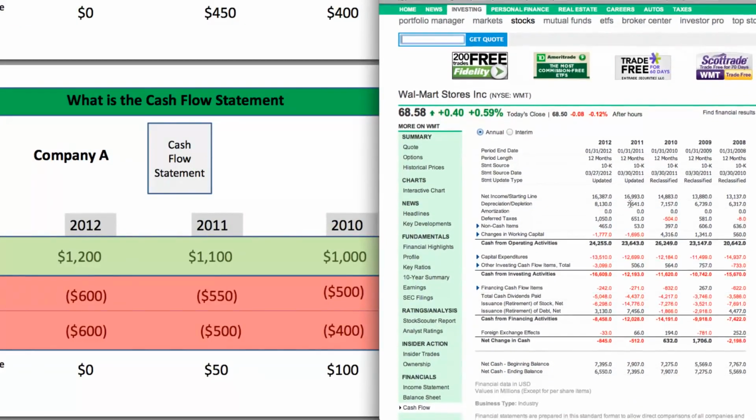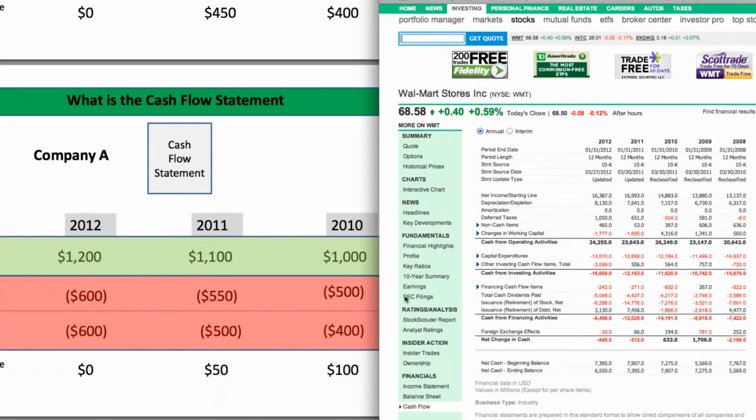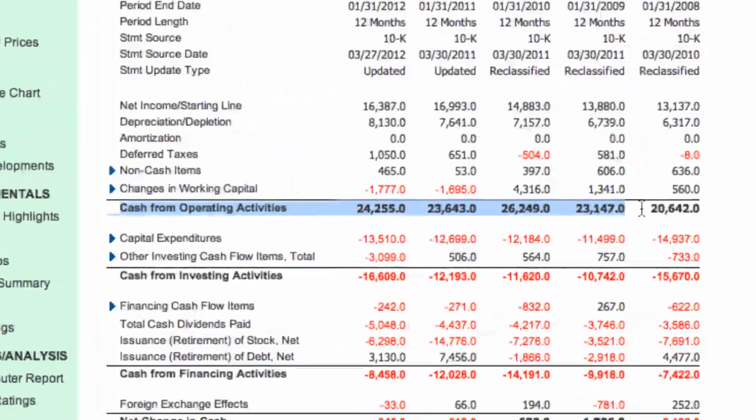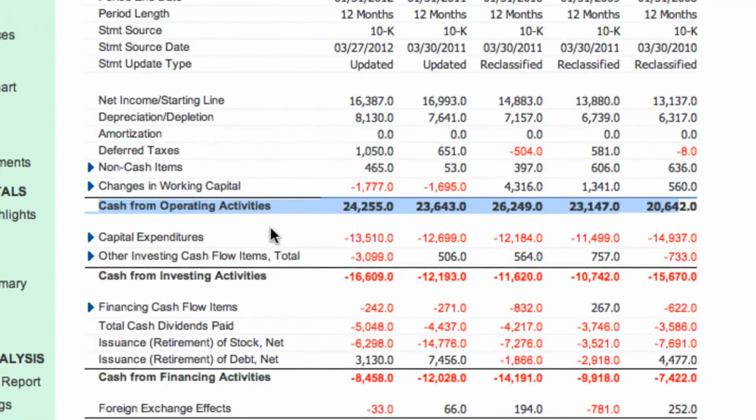When you look at the statement, it has a whole lot more numbers than what I demonstrated on the left-hand side of the screen, but the premise of this sheet is exactly the same. As you look at the first bold line of information, it says cash from operating activity. So that's our operating activity line. We can see that the numbers are fairly profound for Walmart, and these numbers are in millions.